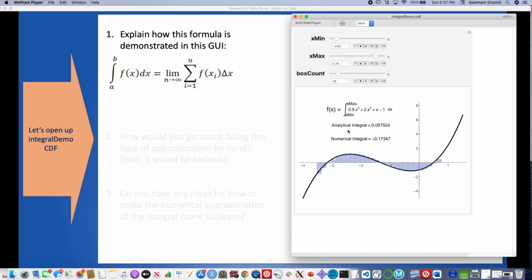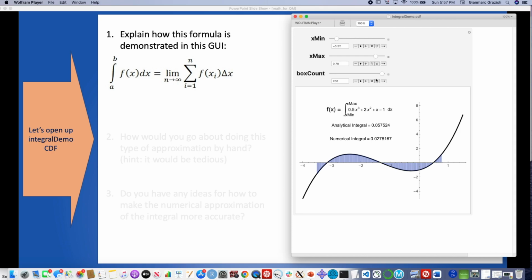And the numerical integral doesn't even get the sign correct. It's minus 0.17 whatever. But if I crank up the number of boxes, it's still maybe not great, but it's a lot closer: 0.0276. It's at least getting to the right number of decimal places. And if we kept putting more and more boxes there, it would get better and better.